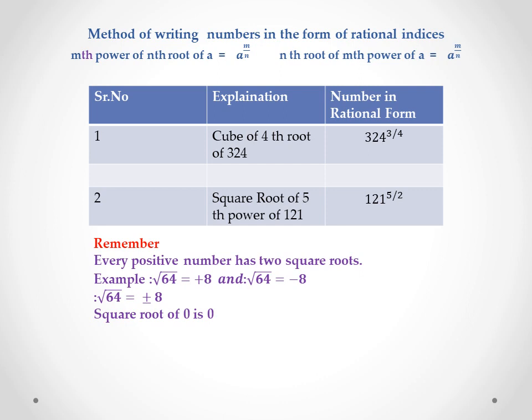Means plus 8 or minus 8, both are the answers of square root of 64. You may write it in combined form, square root of 64 equal to plus minus 8. Both signs are written one below the other. Plus 8 is also an answer and minus 8 is also an answer. And square root of 0. Does 0 have any square root? No. Then square root of 0 is again 0. This you all want to remember.